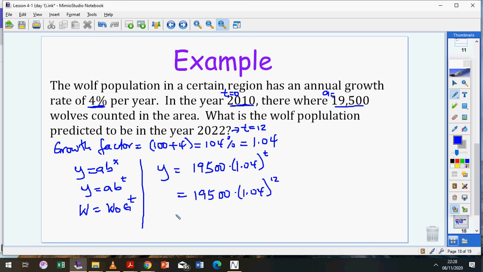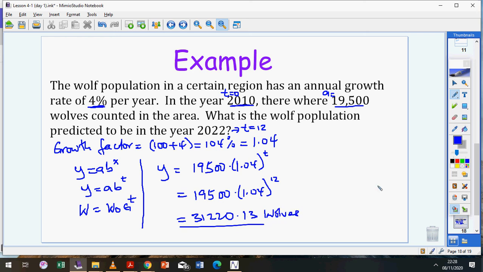And when you plug that into the calculator, 19,500 times 1.04 power 12, I'm getting 31,220.13 rounded up wolves.